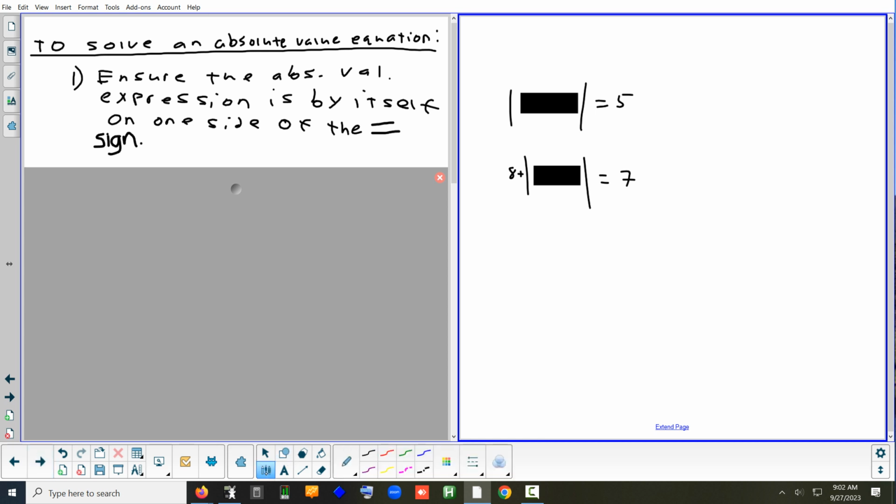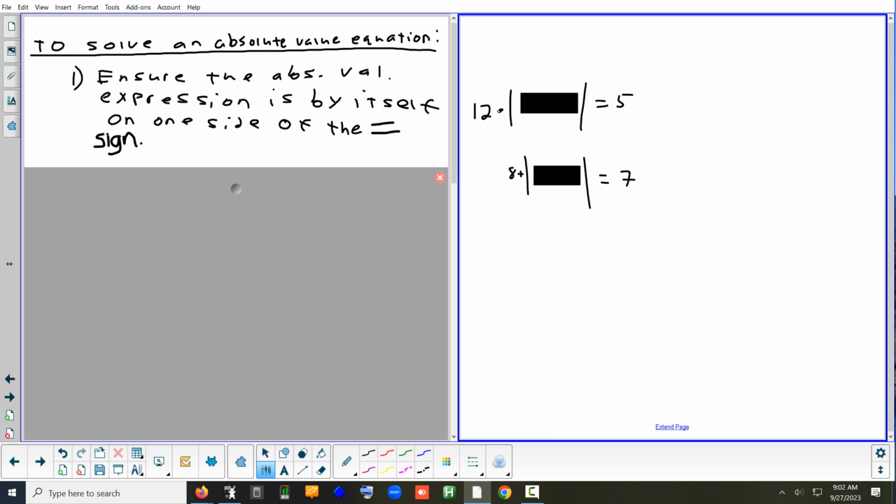Now there's really 2 different ways that it might not be by itself. One way is you have a number that's multiplied on the outside of the absolute value. Another way is you have a number that's added on the outside of the absolute value.